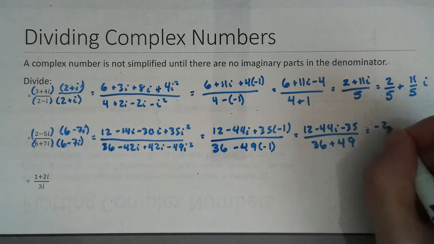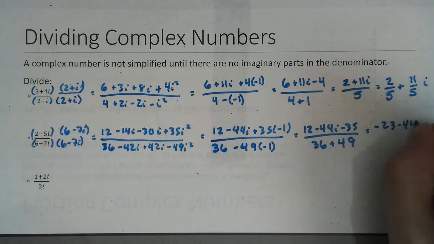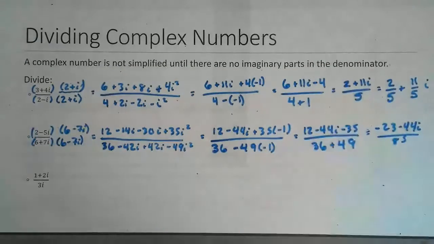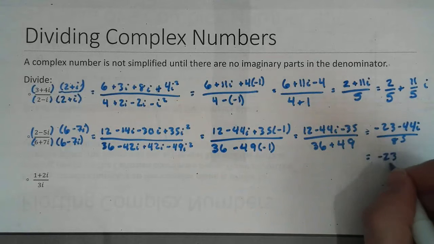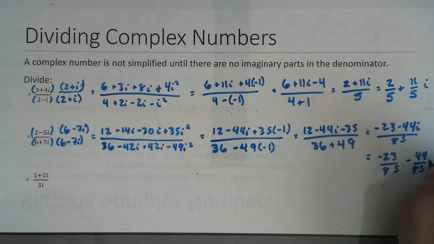Finally giving me negative 23 minus 44i over 85. Splitting up my two fractions, that's negative 23 over 85 minus 44 over 85 i.